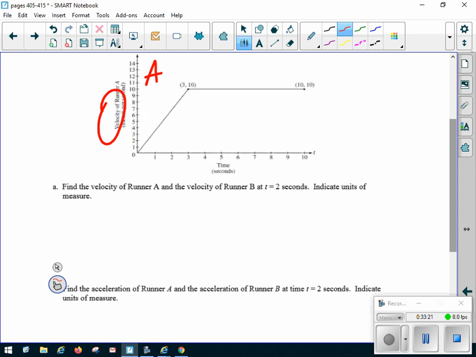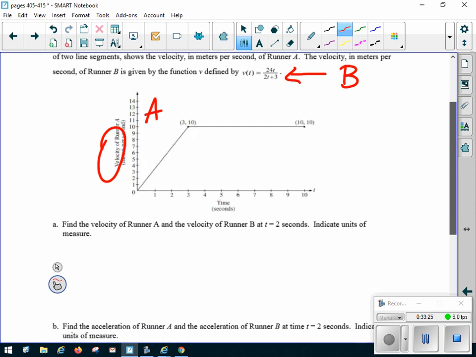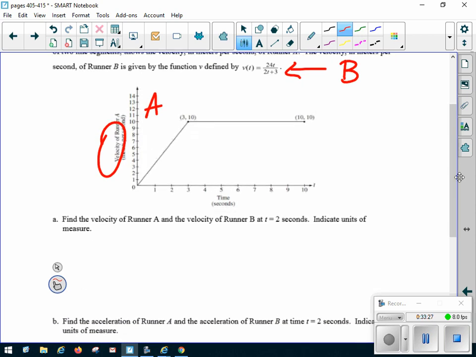Let's do A first. I need the velocity of runner A at 2 seconds. All you can do right here is approximate, correct? Roughly. We're going to find it exact. How, you ask? I can write the equation of that line, can't I?